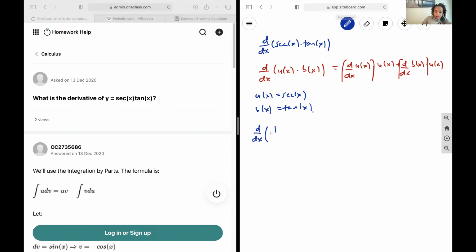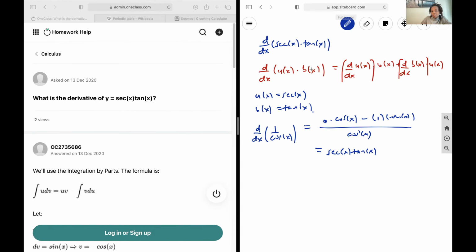So d over dx of 1 over cos x, using the quotient rule, we'll find it's 0 times cos x minus 1 times negative sine x, all over cos squared x, and we found this to be equal to secant x tan x. If we're integrating this, you get the answer of secant x, but that's not what we're looking for today. Next up, we look for d over dx of sine x over cos x.